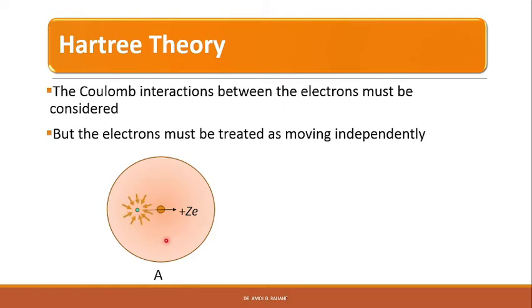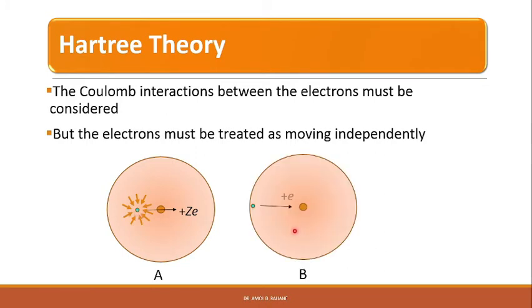So when the electron is near the nucleus or center of the atom, the interactions due to all other electrons cancel each other, and the net potential experienced by this electron is only due to the positively charged nucleus. The nucleus having charge plus Ze, this positive potential will be experienced by this electron. All other repulsive potentials due to all other electrons will cancel each other in this case.